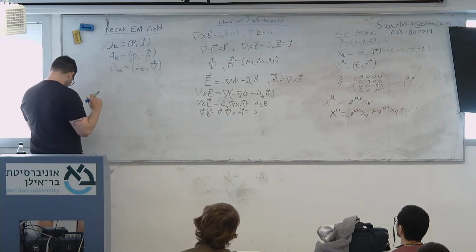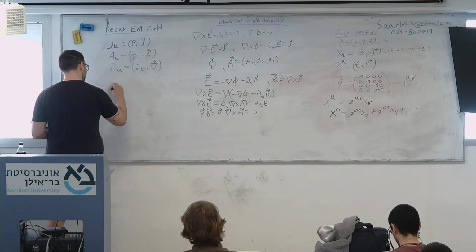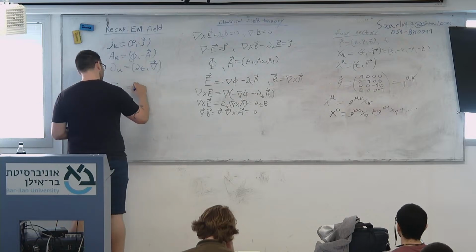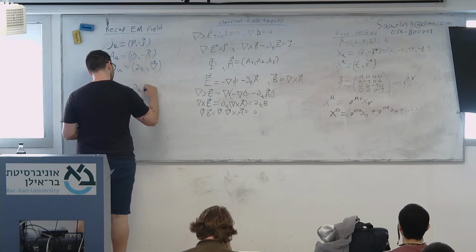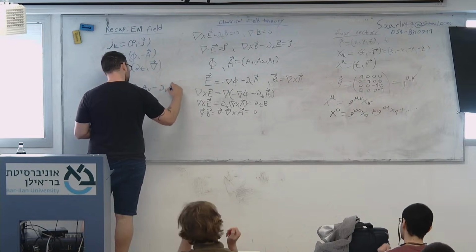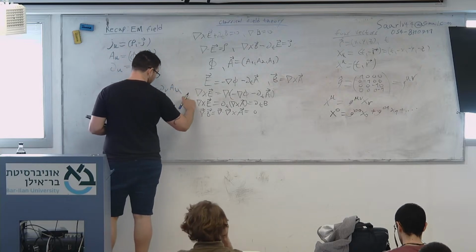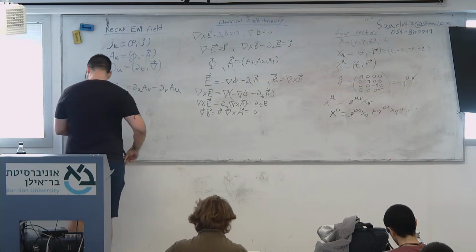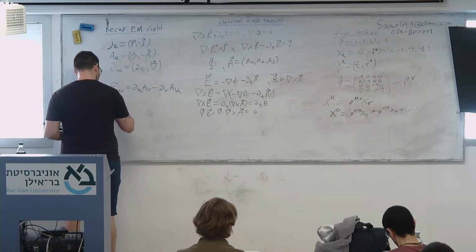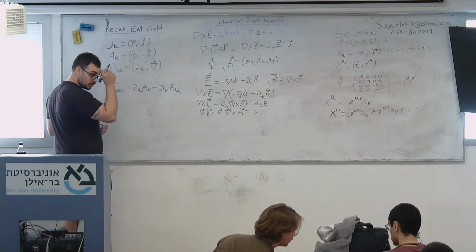So we'll define a new operator, a new matrix, F mu nu equals to... This matrix, you can see the map.